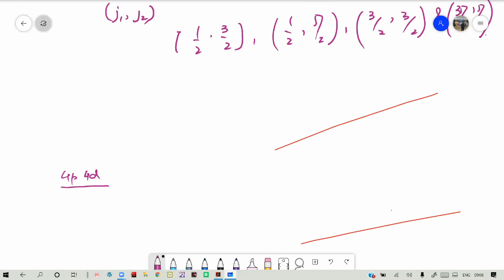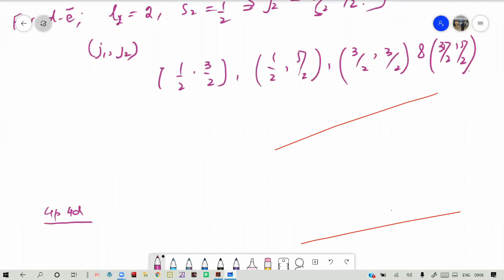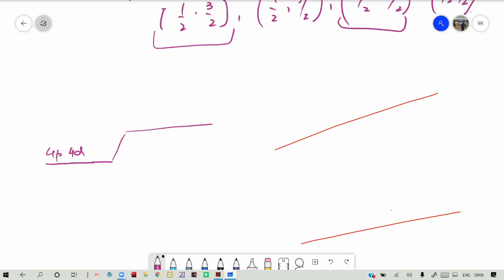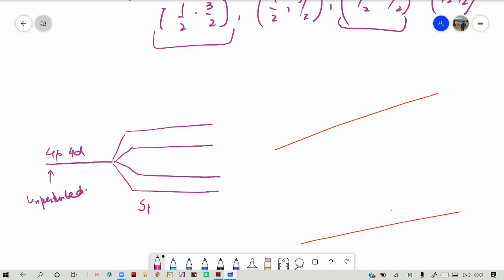Then we have four levels corresponding to each J combination here, 1, 2, 3, 4. This is unperturbed. This is spin orbit interaction.